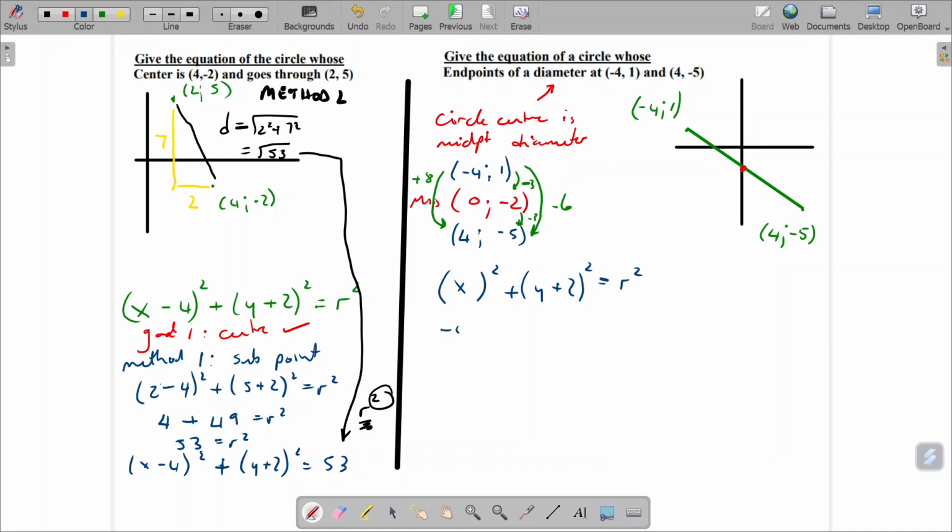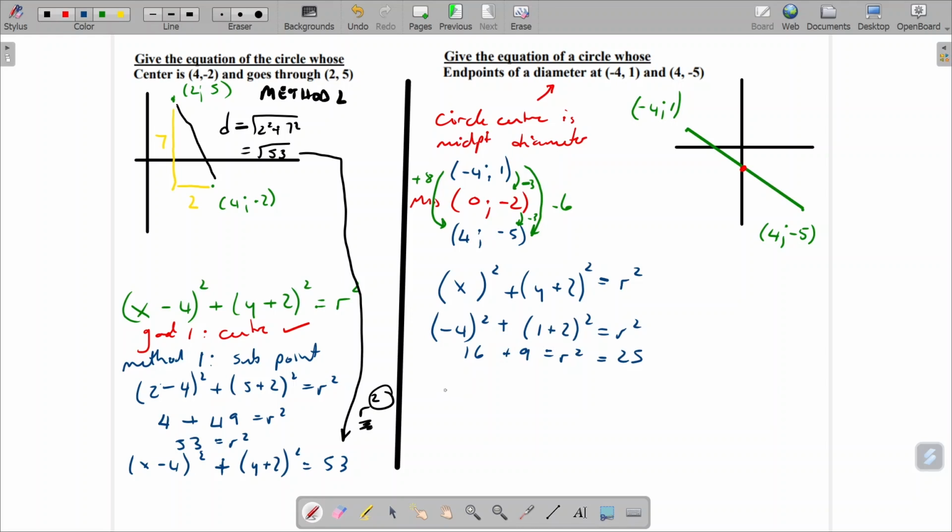So -4 squared plus 1 plus 2 squared equals r squared. So 16 plus 9 equals r squared, which in this case equals 25.